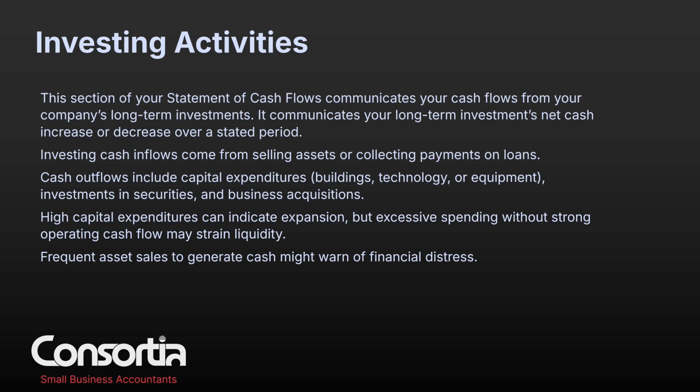Cash outflows include capital expenditures, or CapEx, buildings, technology, or equipment, investments in securities, and business acquisitions. High capital expenditures can indicate expansion, but excessive spending without strong operating cash flow may strain liquidity. Frequent asset sales to generate cash might warn of financial distress.